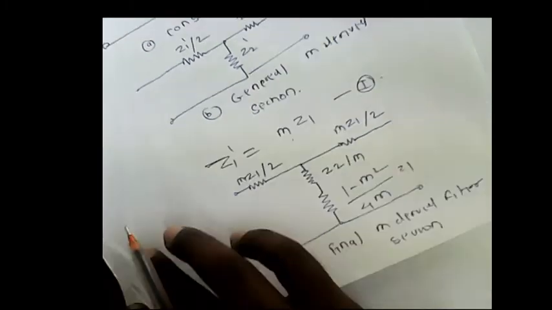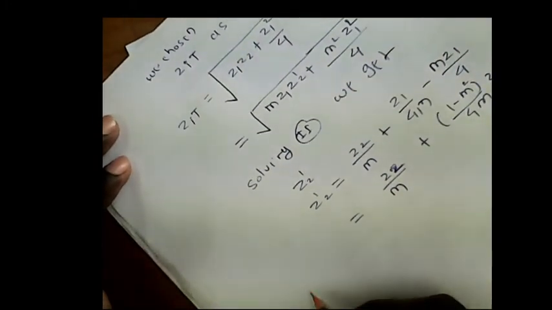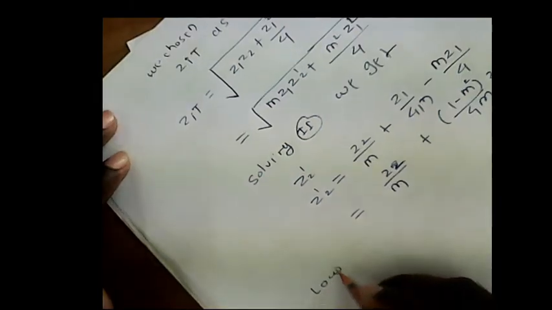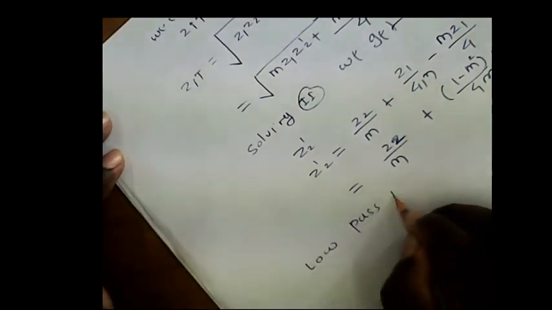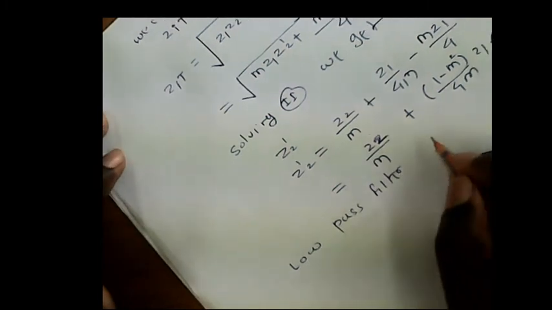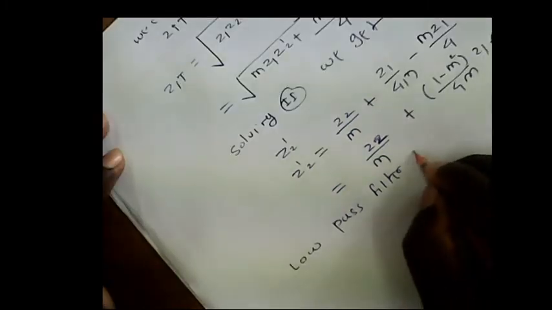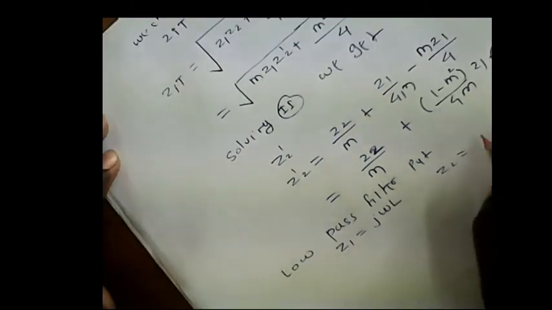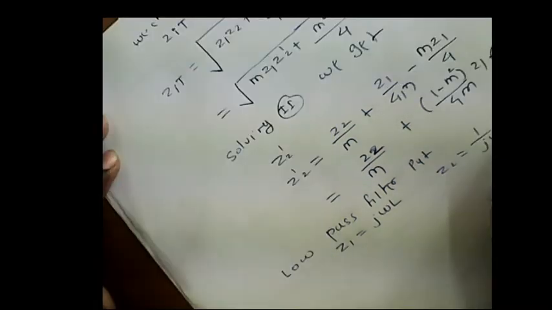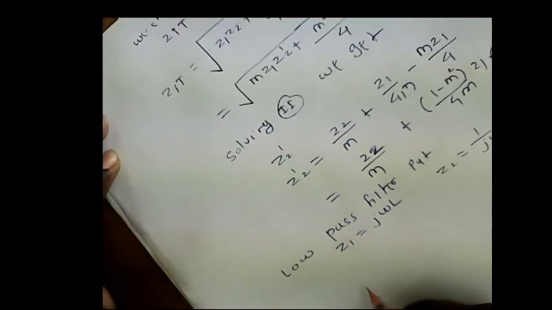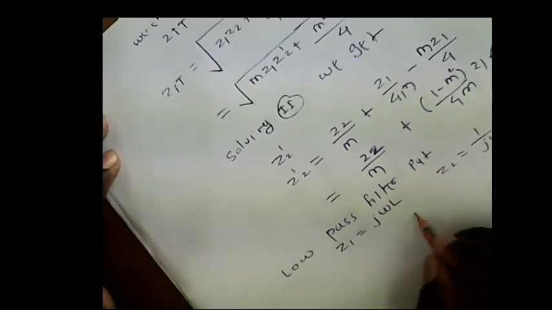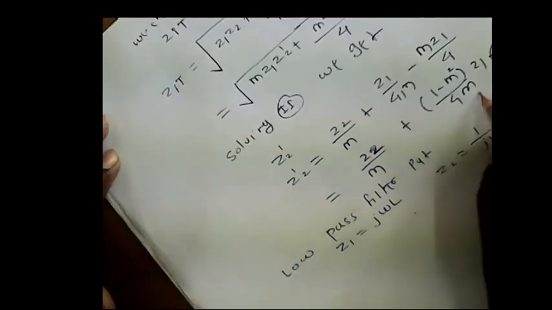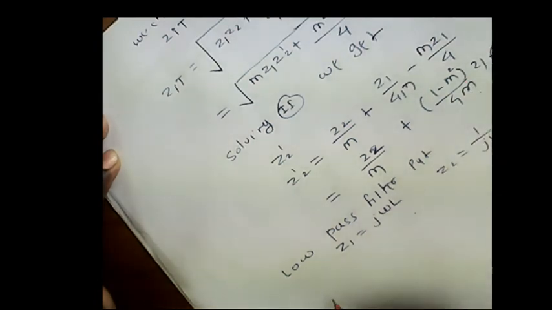For the low pass filter we define Z1 is equal to j omega L and Z2 is equal to 1 upon j omega C. Then put these values in equations number 2 and 3.